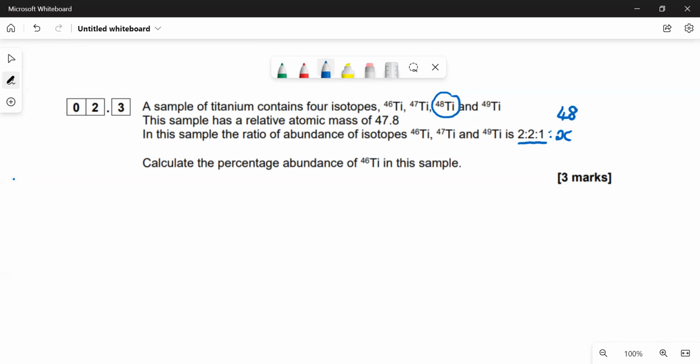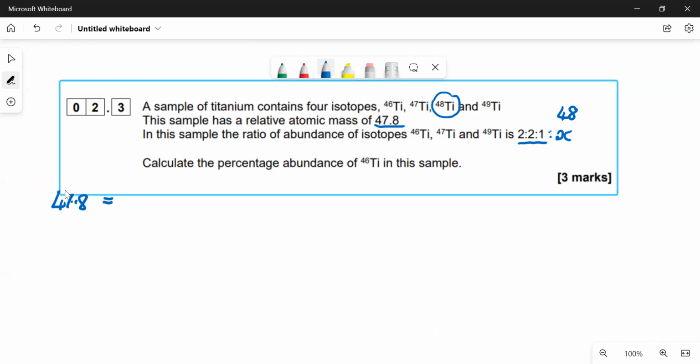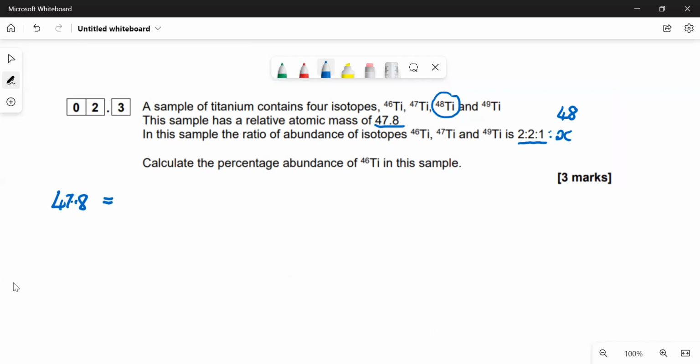Right, now the normal thing is, the relative atomic mass, which is 47.8, is going to be equal to the mass of each isotope multiplied by its abundance. So we're going to have 46, and the abundance of 46 is 2. It tells us there, yeah.